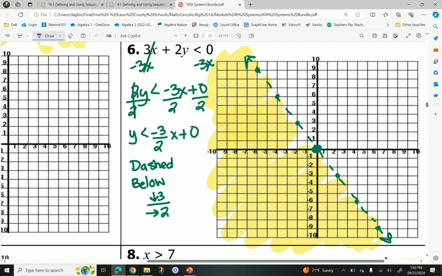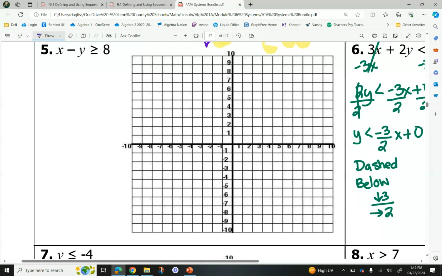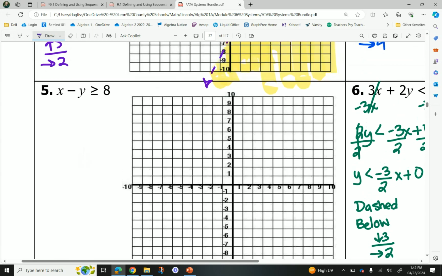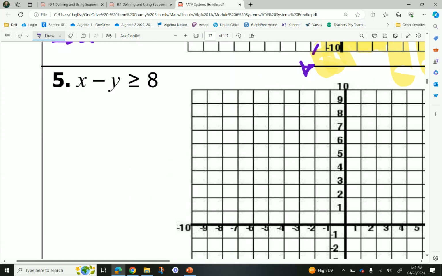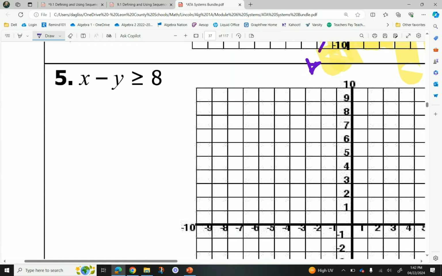All right, let's go over to number 5. We have x minus y is greater than or equal to 8. Is it in y equals mx plus b form? No. So what am I going to move over first? The x. How am I going to move it? Subtract, yep.